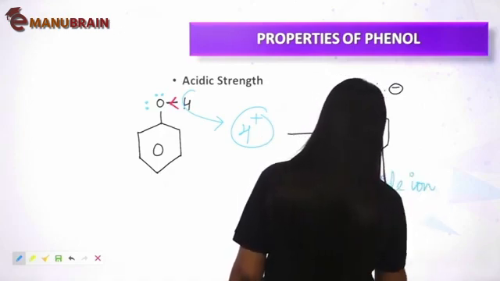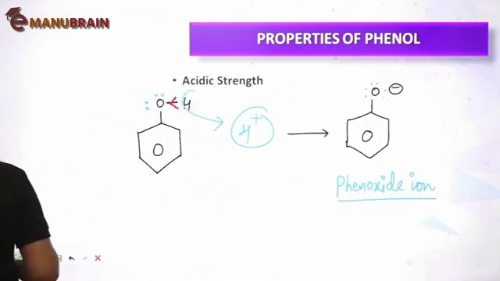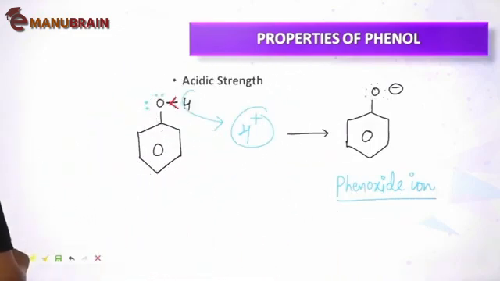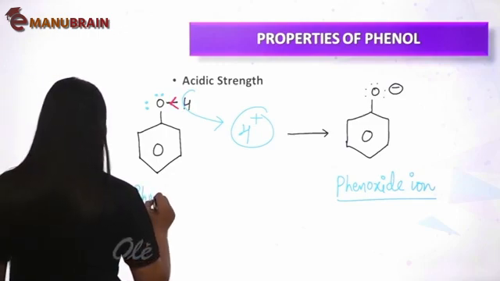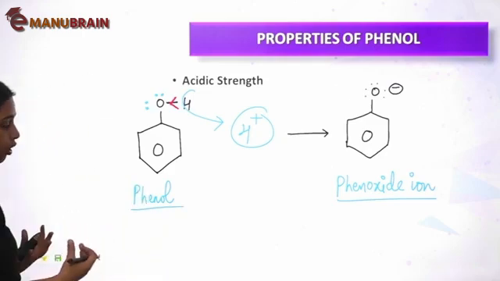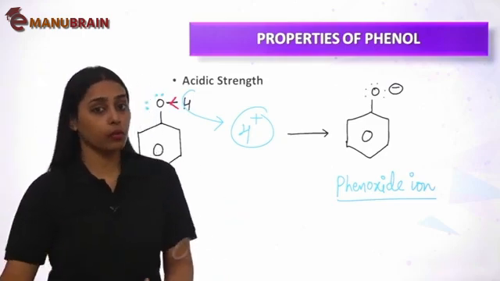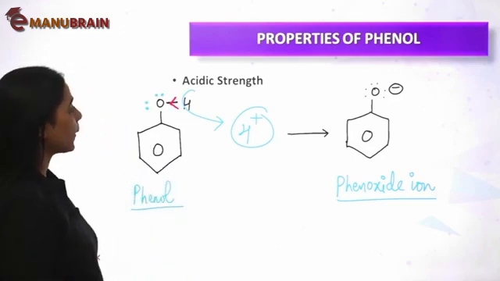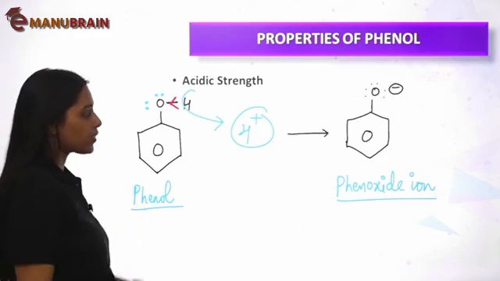Both phenol and phenoxide ion are capable of undergoing resonance, due to which the release of proton becomes easy. In both the examples, they show acidic strength.